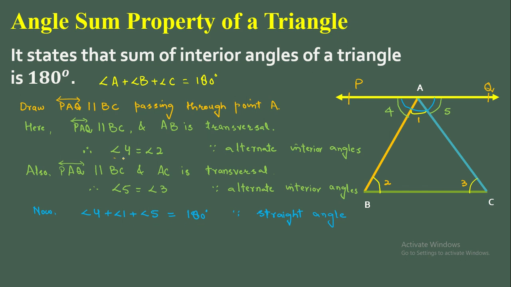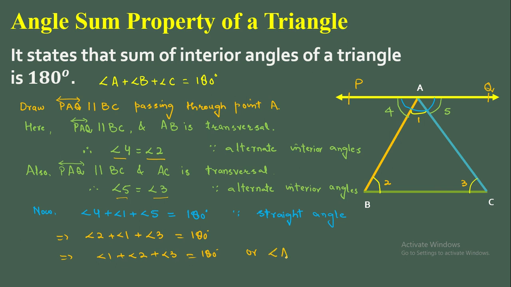But here we know that angle 4 is equal to angle 2. So in place of angle 4, we can write angle 2, then plus angle 1, plus, in place of angle 5, we can write angle 3, is equal to 180 degrees. Now let's write them in order. So angle 1 plus angle 2 plus angle 3 is equal to 180 degrees, or we can write angle 1 is the interior angle of this triangle ABC.